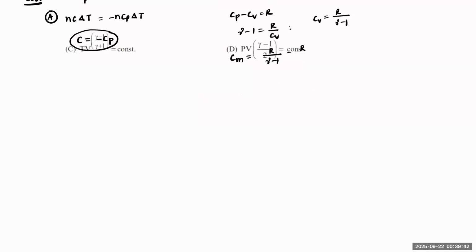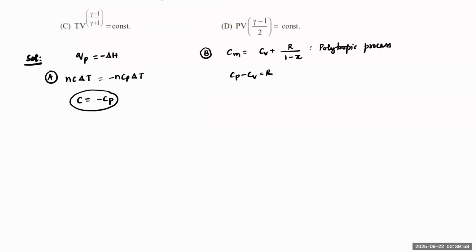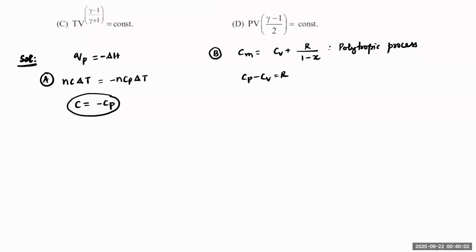One second, I'll do it even more easily. Sorry. Let me redo that because Cp is already given to us, so we don't have to do so much. We just need to calculate this X value, so that becomes easier for us.